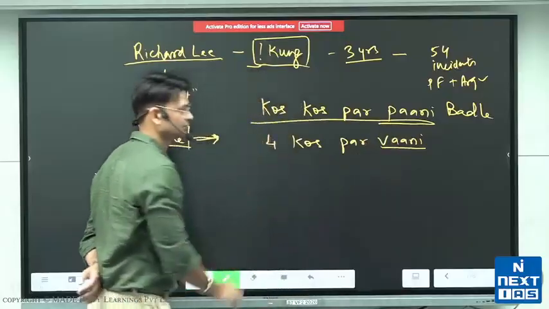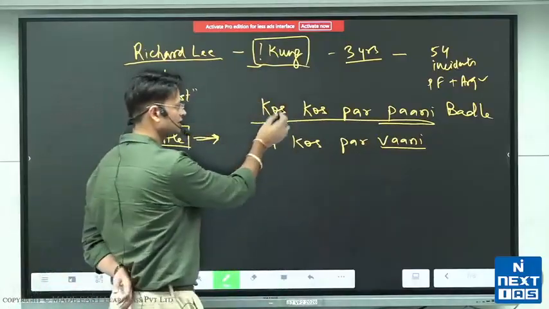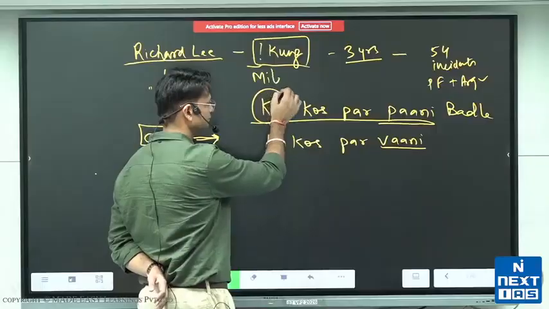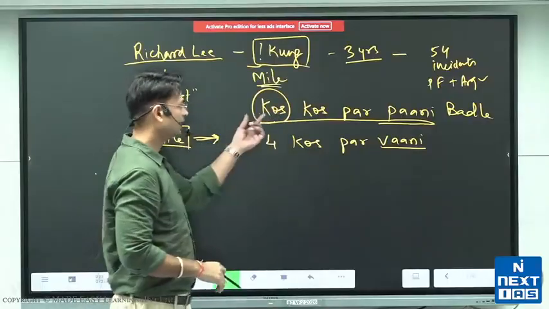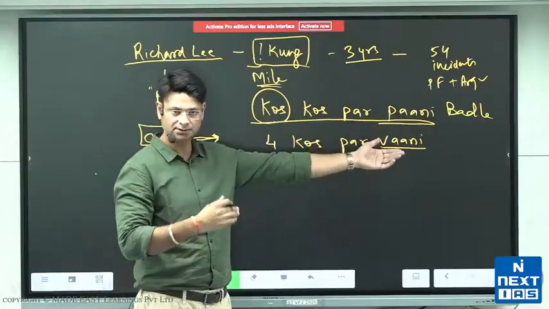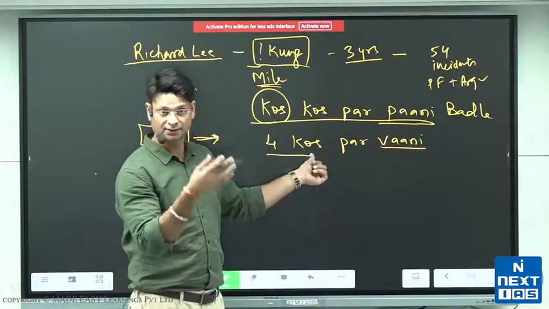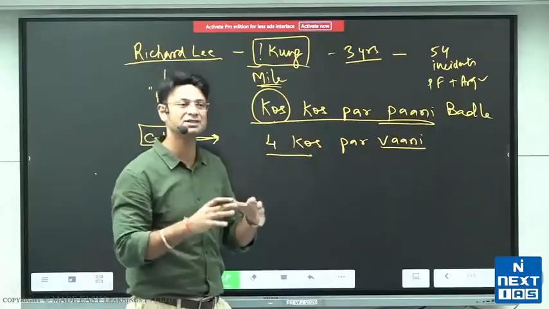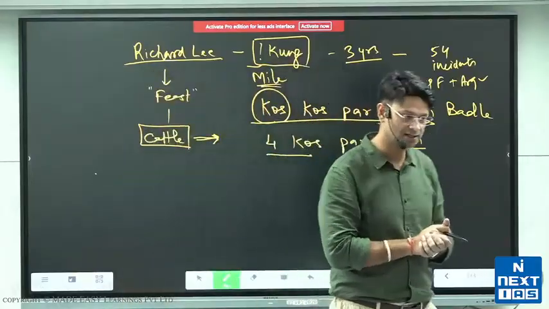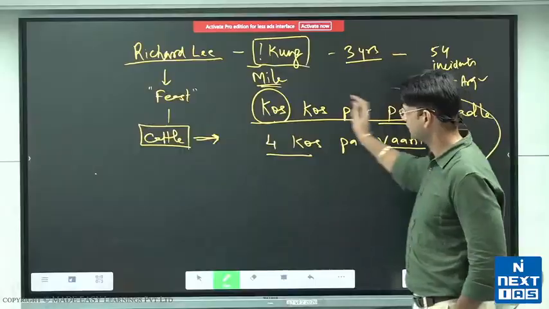That means what? It simply means, कोस means mile, right? माइल पे वाटर, पानी बदल जाता है, and 4 कोस पे वानी. That showcases the linguistic diversity in Rajasthan, and the same is true for India.